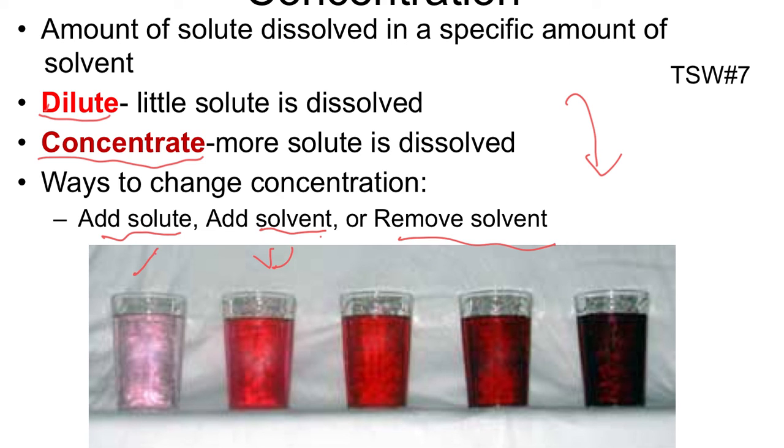You add solute, it's going to make it increase. Removing the solvent is a little bit tricky. It's very difficult to remove the solvent. One way is by distillation, when you boil the substance and remove the water.